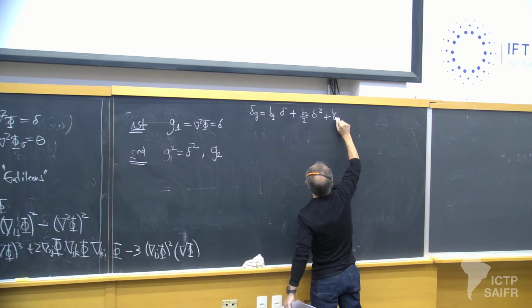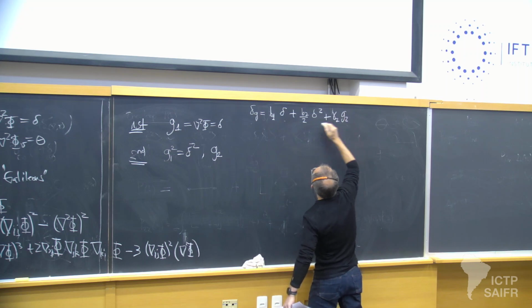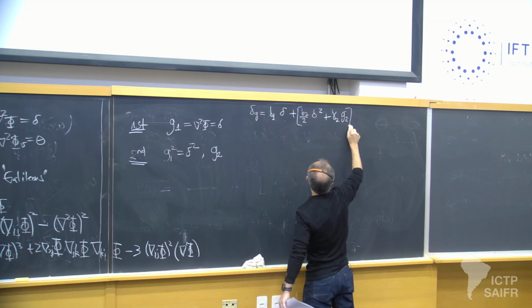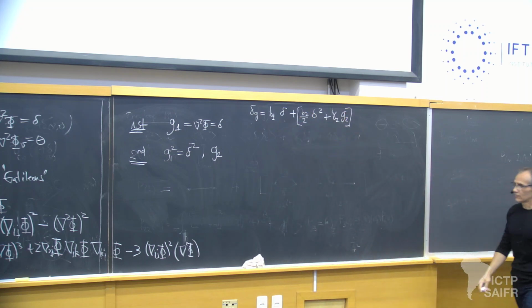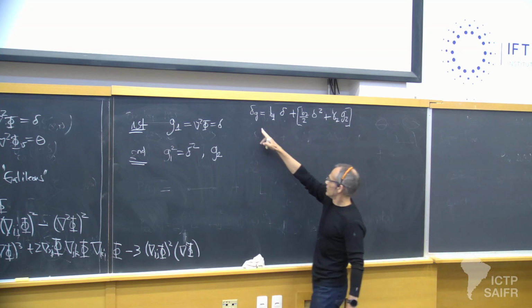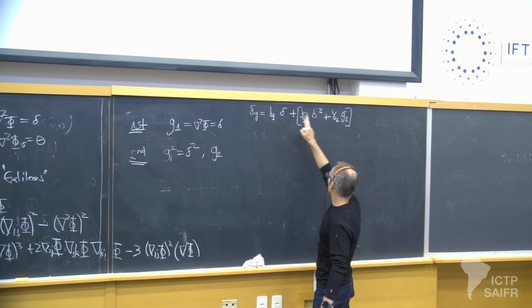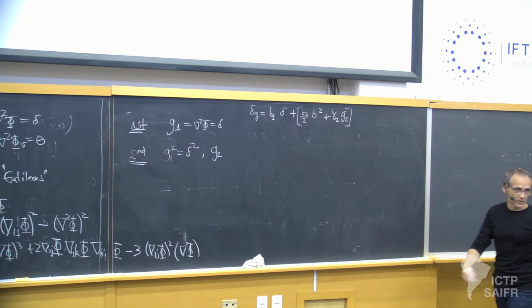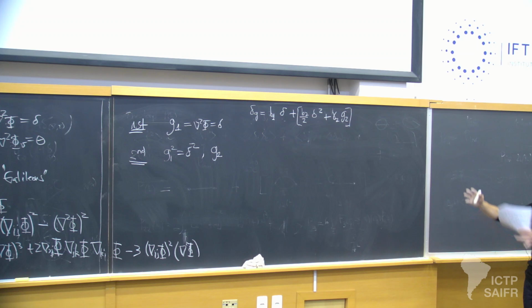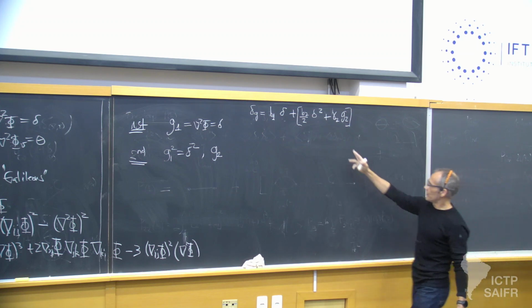So that comes with this coefficient. And these are the only two guys that we can build at quadratic order. So you see what we are doing? We are building this as a general effective theory depending on the underlying degrees of freedom that we have from densities and velocities, respecting the symmetries, with free coefficients.